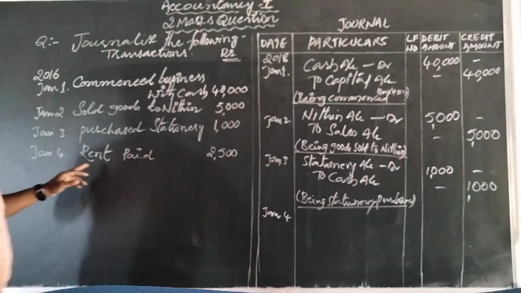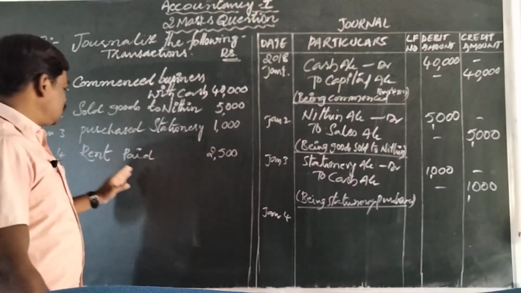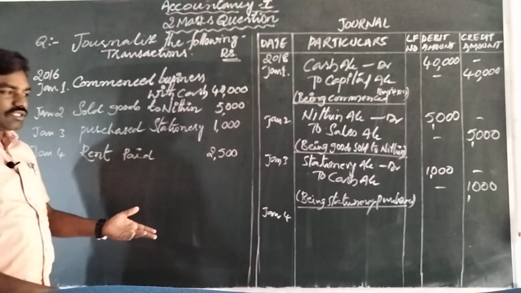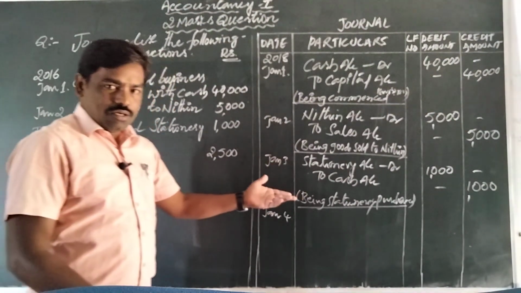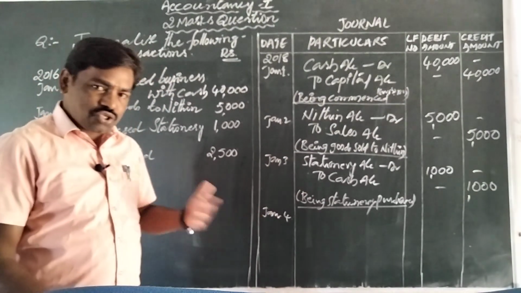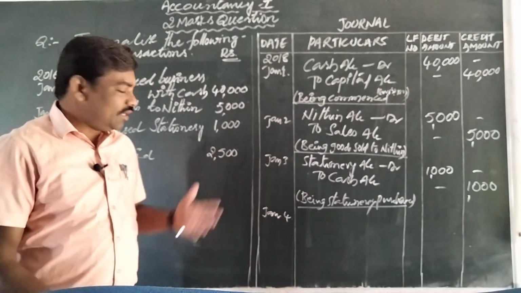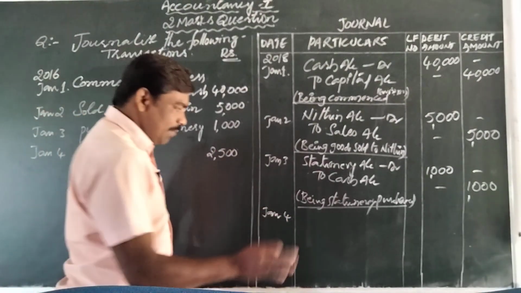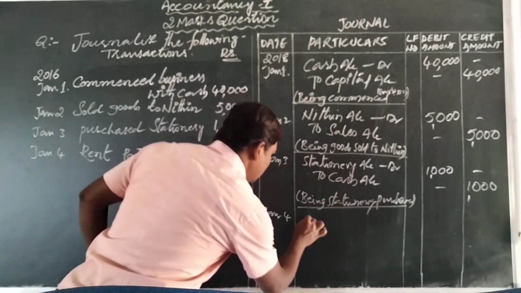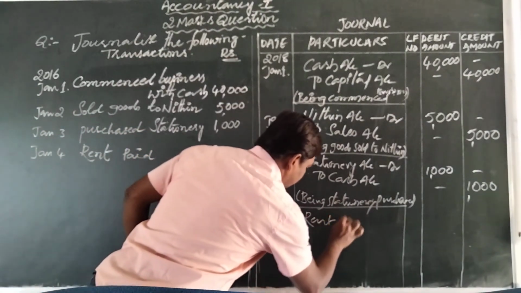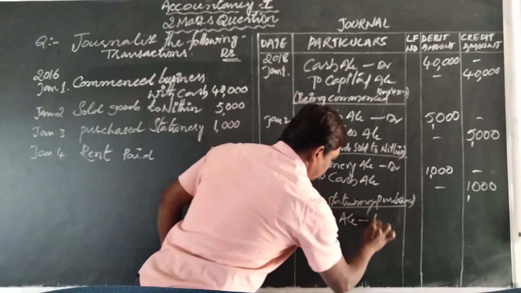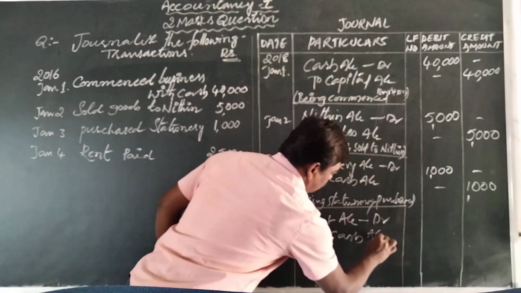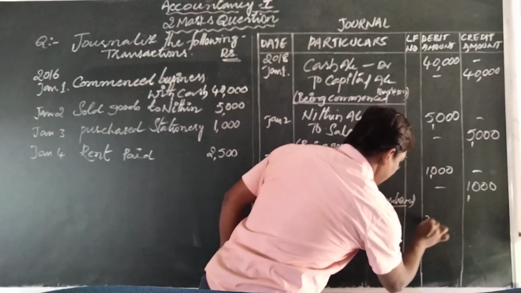See what that is? Rent paid. It is also an expenditure. Paid means we paid the rent. Rent is an expenditure. As per the nominal account principle, expenditure should be debited, incomes should be credited. Here the expenditure should be debited, and the opposite account would be cash account. So rent account debit to cash account, amount 2,500.